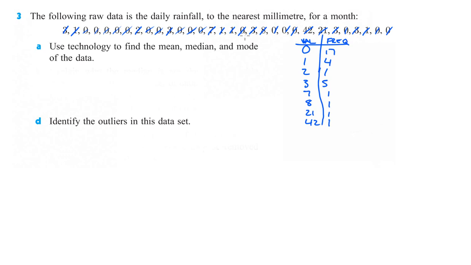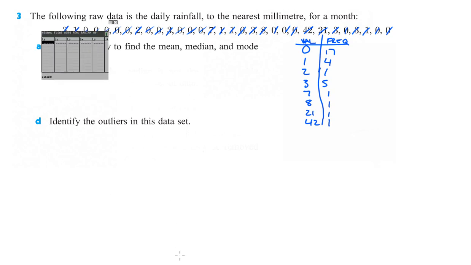And then the nice part about this is I cross everything off and I make sure that I don't miss anything. So then what we can do is in our calculator, and again you can do the same thing with the scientific calculator, but we're just going to put all these in here. So I'm going to do 0, 1, 2, 3, 7, 8, 21, and 42, right?